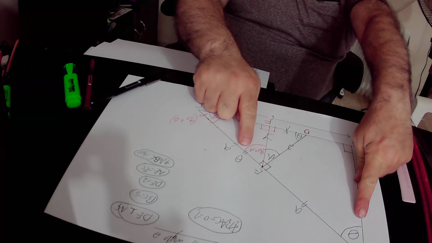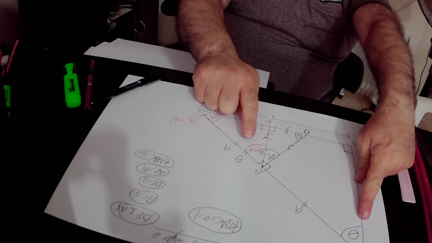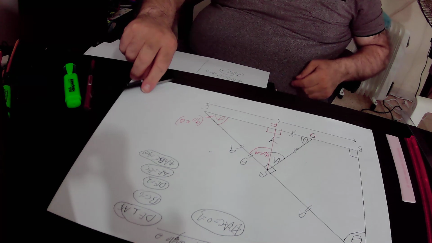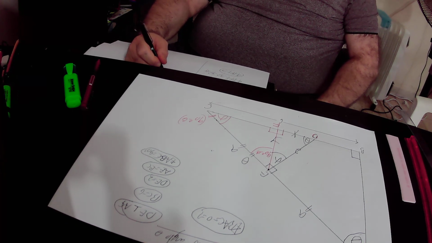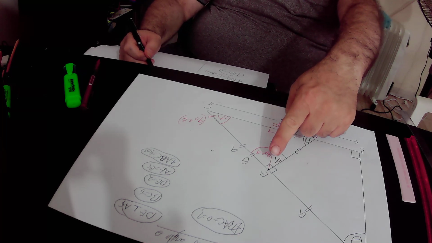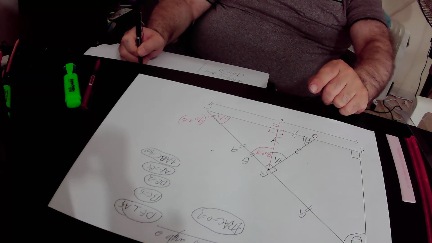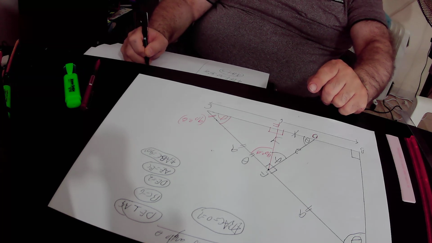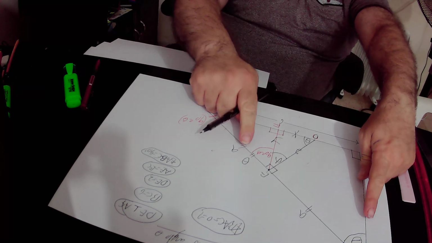They are both equal to theta. Okay, so we can write down that angle BAC of triangle ABC is equal to angle FEC of triangle EFC, and both those angles are equal to theta.